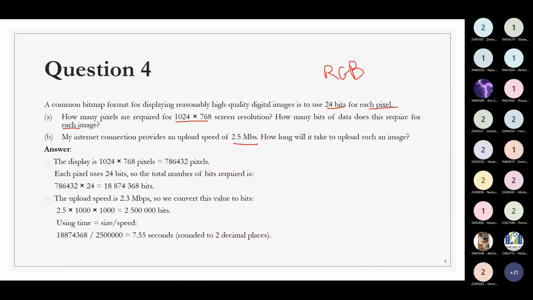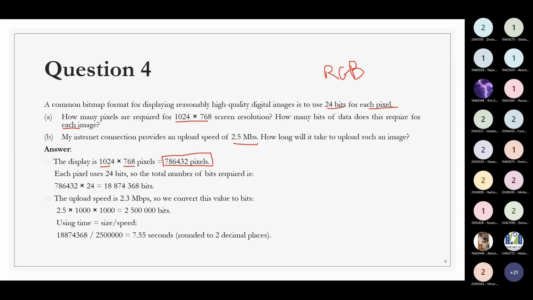It is the number of rows multiplied by the number of columns. This is the total number of pixels. And because each pixel uses 24 bits, the total number of bits required for this resolution will be equal to this amount. So this is the file size.